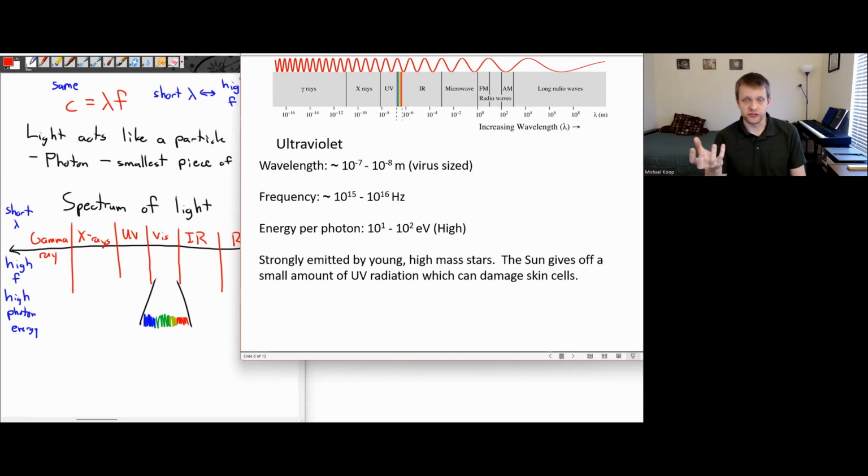More massive stars, younger high mass stars actually give off way more ultraviolet light than our sun does. Our sun just gives off a little bit of ultraviolet light. And again, that ultraviolet light still has enough energy per photon to damage skin cells. So gamma rays, X-rays, ultraviolet light, those can all have negative health consequences if you get very large doses of them.